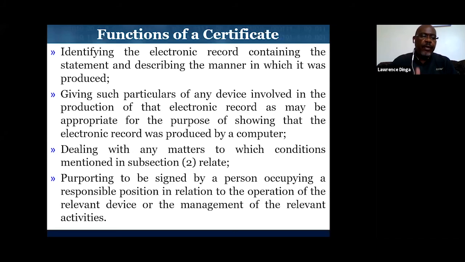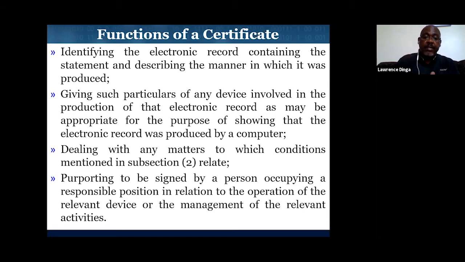Now, if it is a photo that was taken using a mobile phone, then there should be metadata, we talked about metadata, data about data. So if it's a photo, that photo will have the GPS codes, which will show the longitude and latitude where that particular photo was taken. So that must come out very clear.